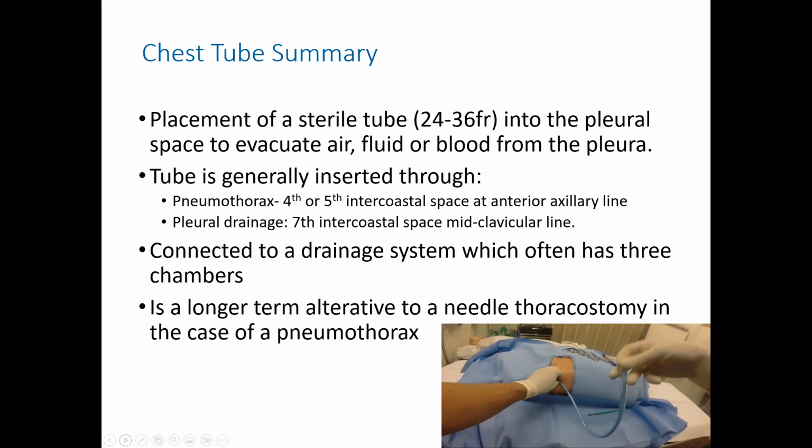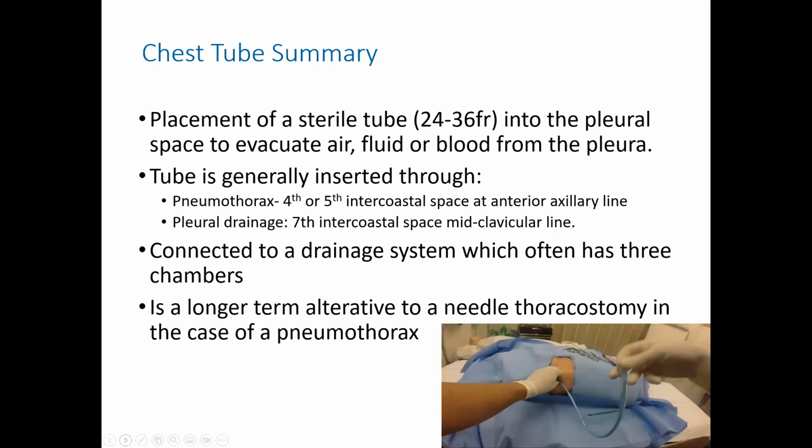For pleural drainage, as you might have for a patient who had either heart or lung surgery, or who has an empyema, and they're draining it, a severe pleural effusion, 7th intercostal space, mid-clavicular, connected to a drainage system, which has 3 chambers, is a longer-term alternative to needle thoracostomy in the case of a pneumothorax. So not exclusively.